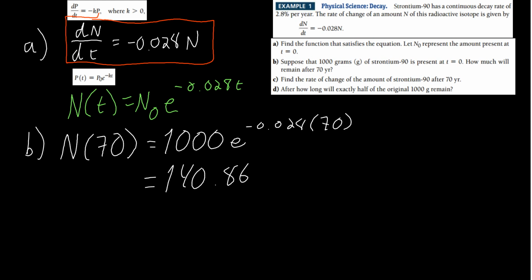I say it's incomplete because we have the N right here. That N is just the name of the function, so it's kind of like saying negative 0.028 times f of x. In this case my function's name is N, so it's going to be times this. I'm going to have to do some flipping back and forth.